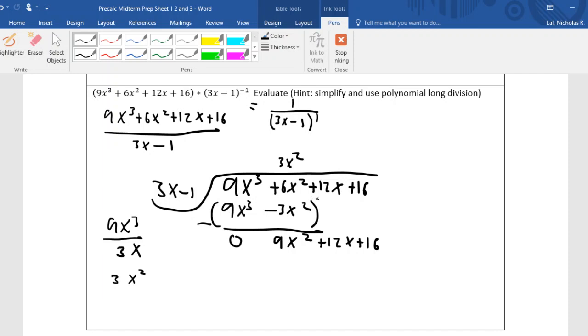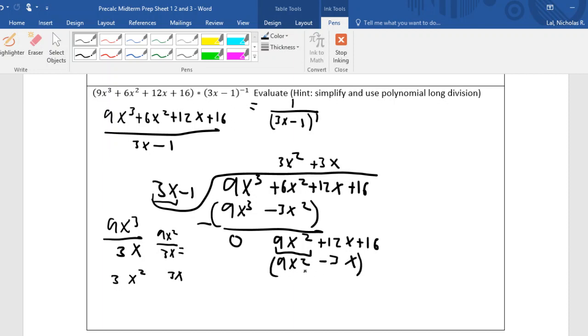Now, I divide, once again, leading term of the dividend by leading term of the divisor. 9x squared over 3x is equal to 3x, so 3x squared plus 3x. 3x times 3x is 9x squared, and 3x times negative 1 is minus 3x.